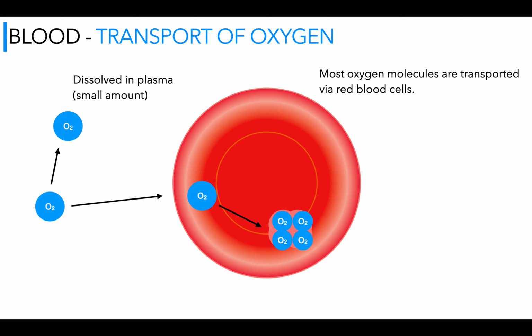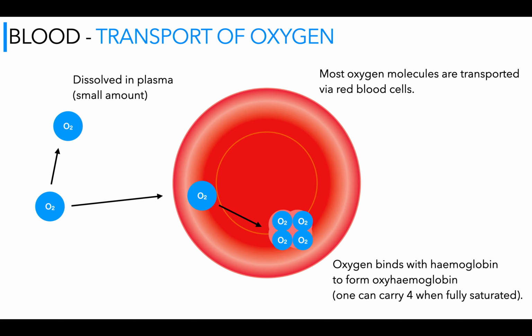Now, when the hemoglobin is fully saturated, it can carry 4 molecules of oxygen. It doesn't always do that, but when it's fully saturated, one hemoglobin can carry 4 molecules of oxygen. So that binding is called oxyhemoglobin, and these are the two ways oxygen is transported in the blood.